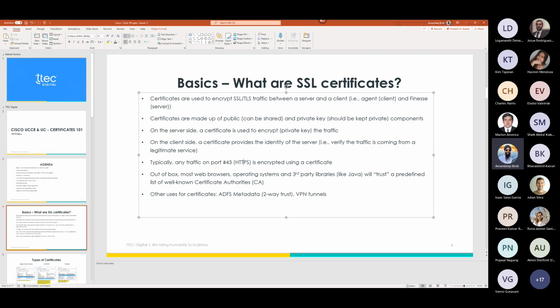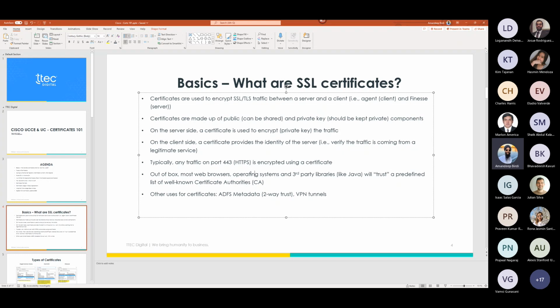The main port is 8445. For CM platform, it's 8443, right? So the well-known port using HTTPS is 443, but you can define any port in your application, and it could be using TLS traffic, right? Again, that's just something to cover.